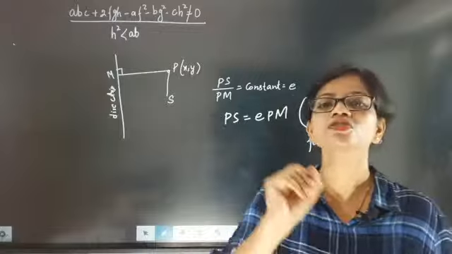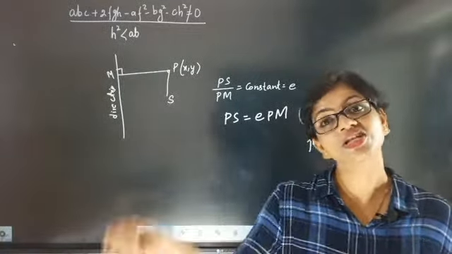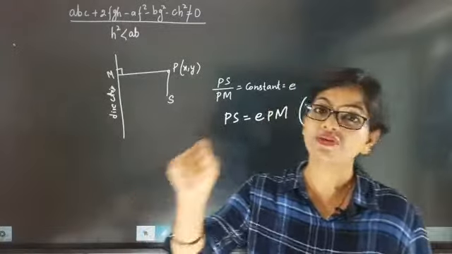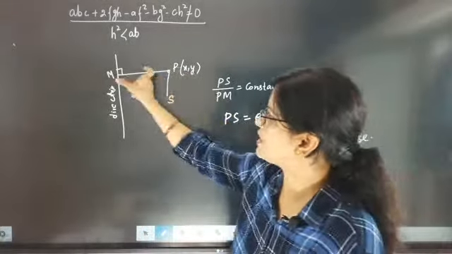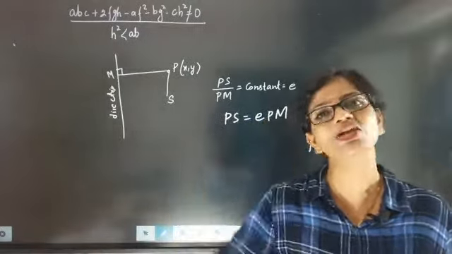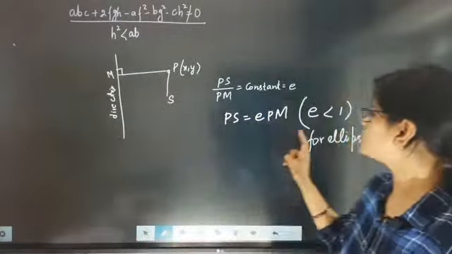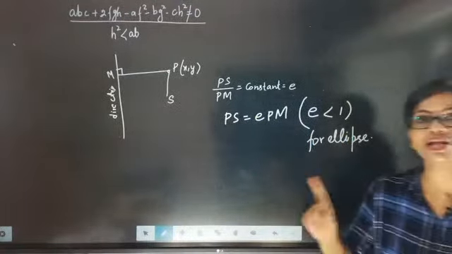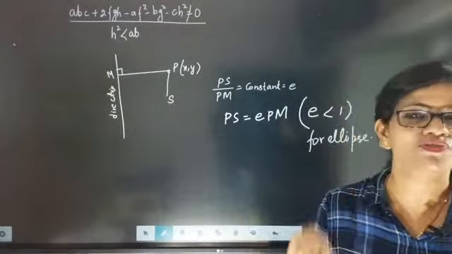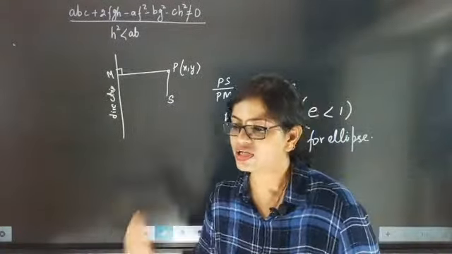So the locus of a point P such that the ratio of its distance from the focus to its distance from the directrix, PS by PM, is a constant less than unity. Less than unity means less than 1. This is a very important condition for an ellipse, and no other thing you need to remember.